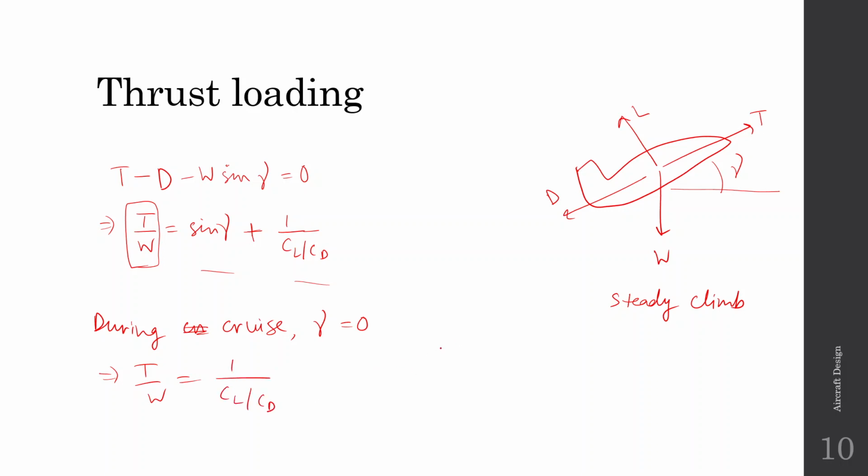Okay, but during climb, your CL by CD is usually higher than 10, 15. So CL by CD's contribution is approximately 0.1.